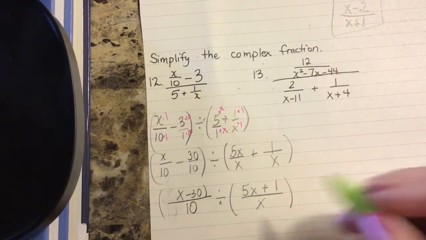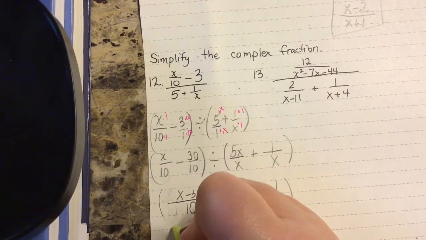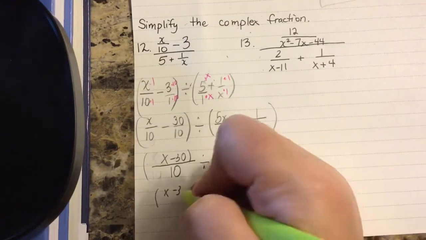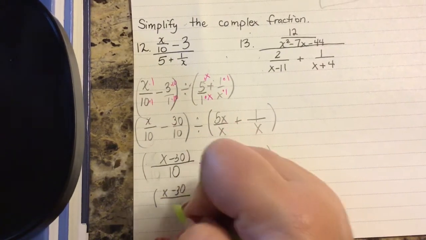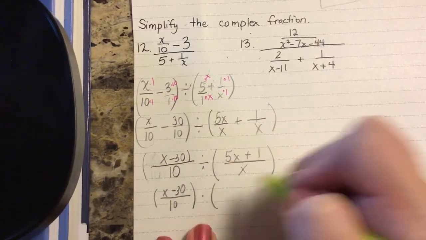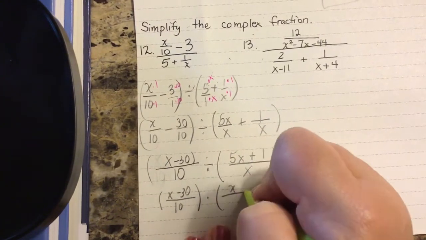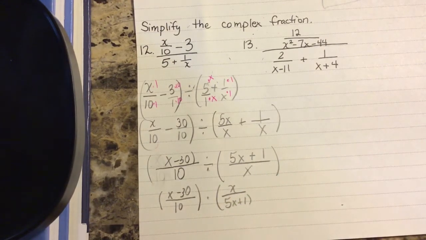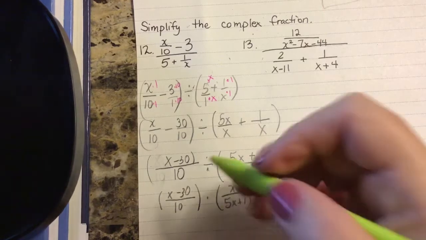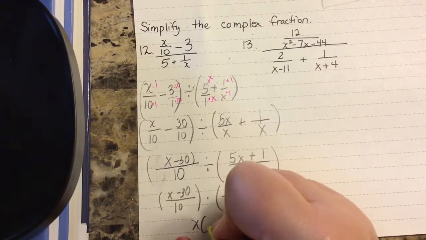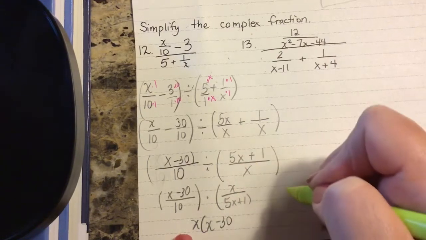Then I am going to keep my first fraction the same. Change division to multiplication and rewrite my second fraction that way. Now I can't reduce here, I can't reduce here. Let me put them together and see if I can reduce.